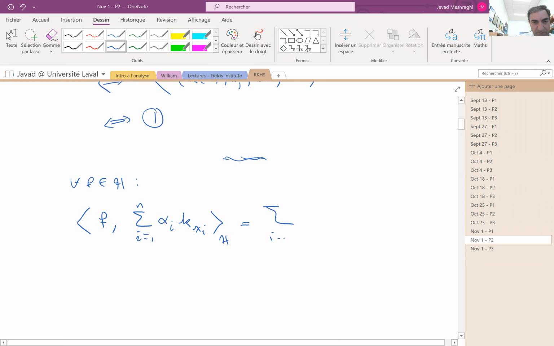This is equal to the sum from 1 up to n. Here you obtain alpha I bar, which is okay, no problem with that. But if you want to have alpha I on the right side, simply replace alpha I by alpha I bar.